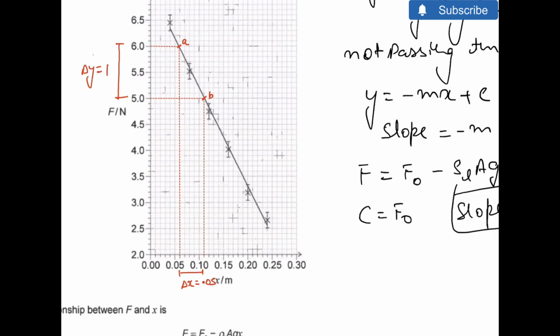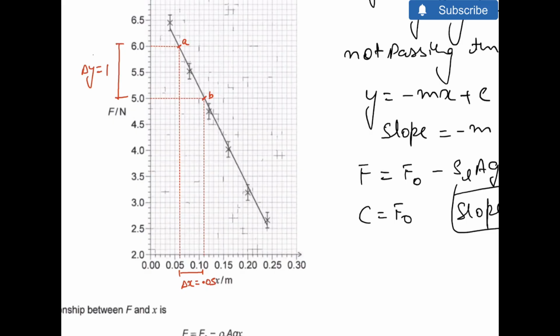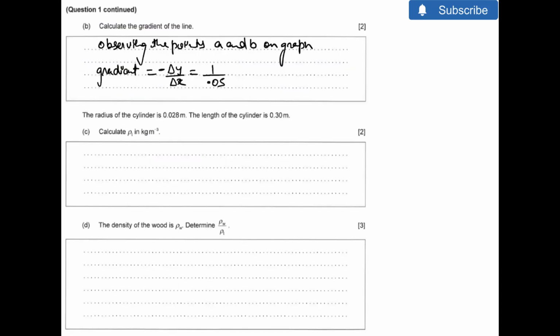So delta y is 1 and delta x is 0.05 in meters. 1 upon 0.05 is 20, and the unit is Newton per meter. So this is the gradient of this line. Now let us move on to section C.